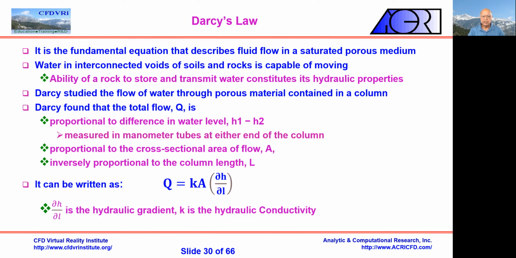Okay, so Darcy was the guy who studied all this, and he came up with an equation which basically said the amount of flow is related to something called a hydraulic conductivity times the area times the gradient of the pressure. Okay, dH by dL, where L is the length of the column.